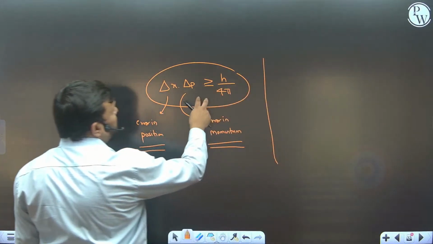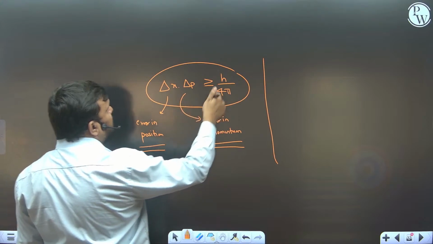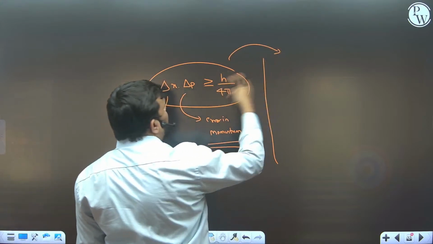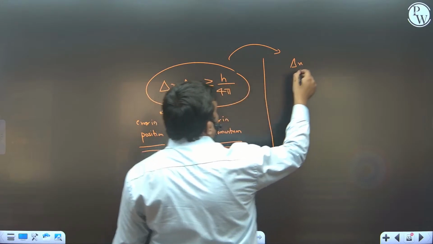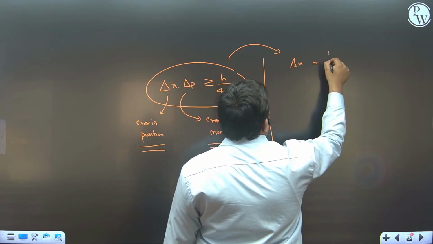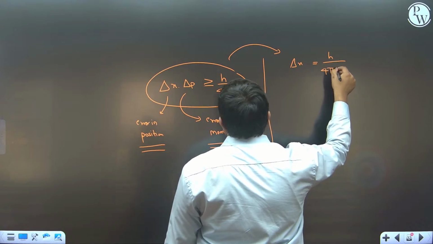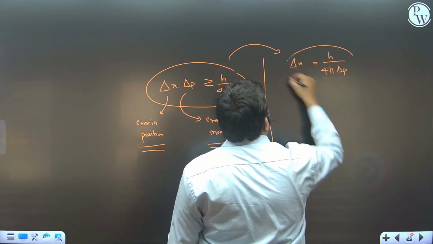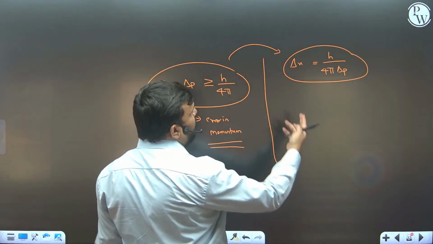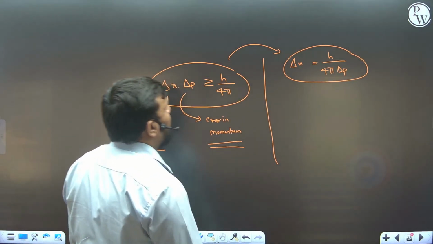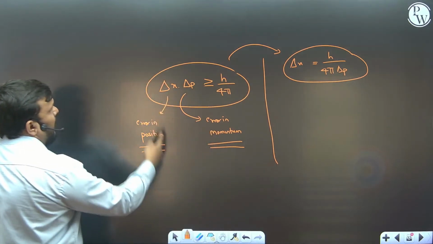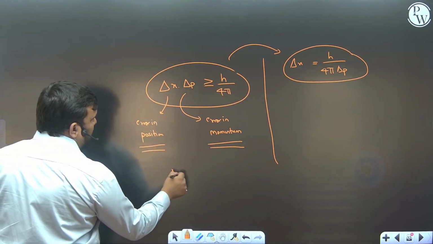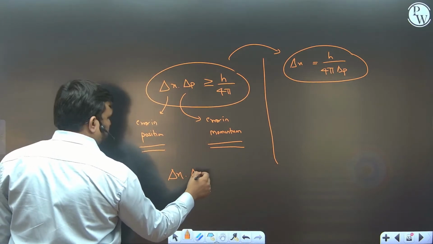See, this equation you have to use. They are asking us the value of delta x by giving the value of delta p, and while solving we have to take the equal to sign. Delta x will be equal to h upon 4 pi delta p. Suppose they have given us the value of delta p and we are calculating the value of delta x. Also this equation we can have in the form of delta x delta v.